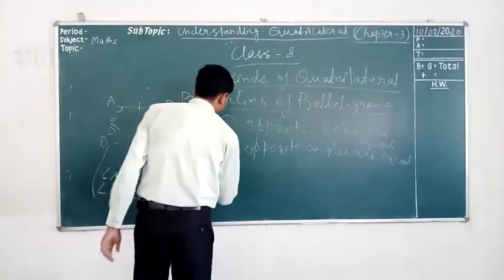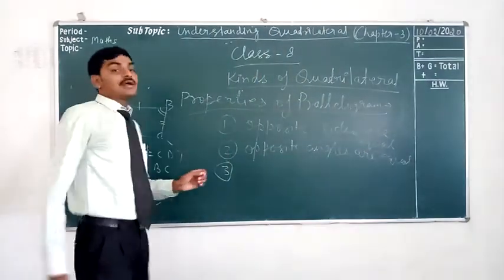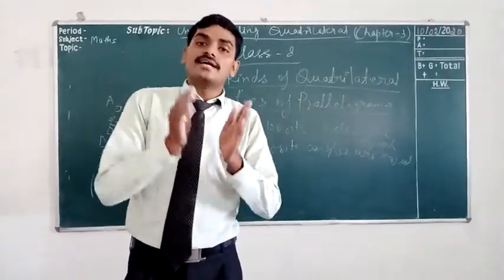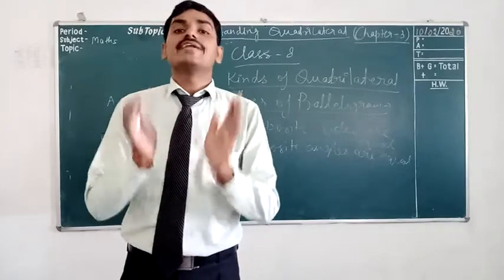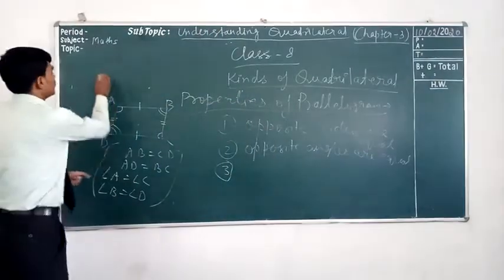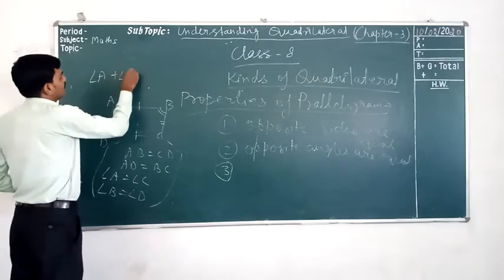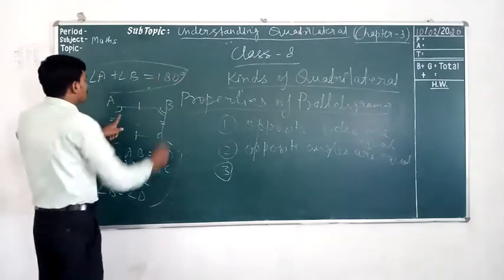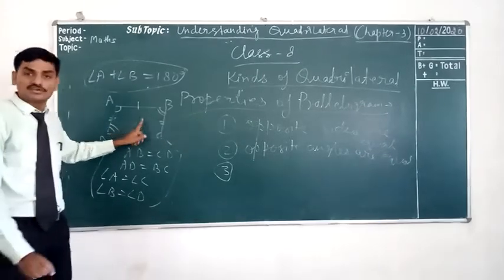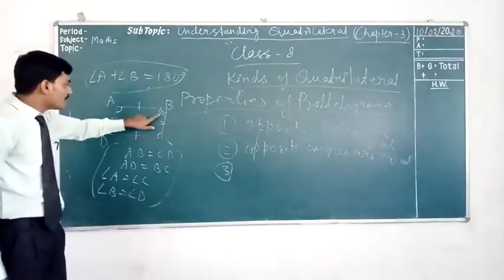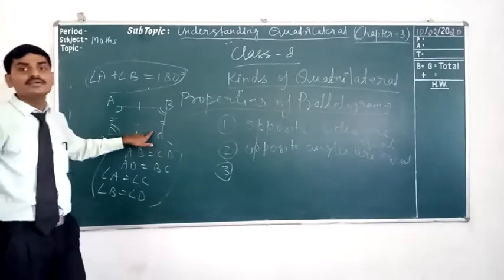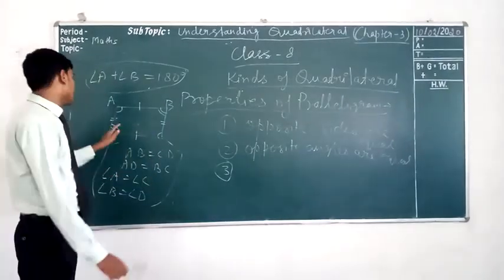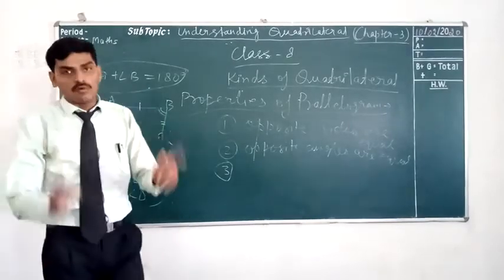Now third, adjacent angles are supplementary. That is, sum of adjacent angles is equal to 180 degree. Here angle A plus angle B equal to 180 degree. Angle B plus angle C is also 180 degree, angle C plus angle D is also 180 degree, and angle D plus angle A is also 180 degree.